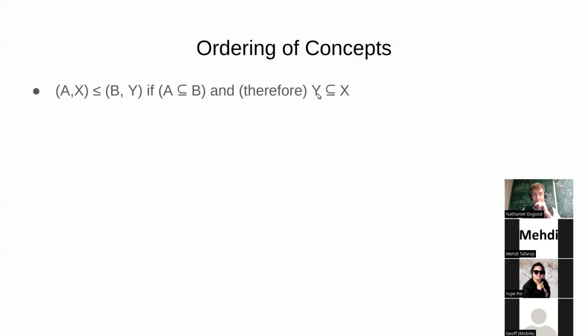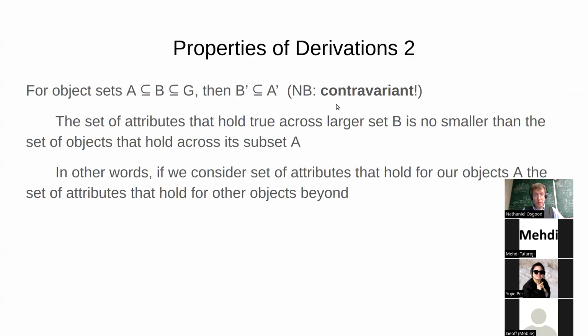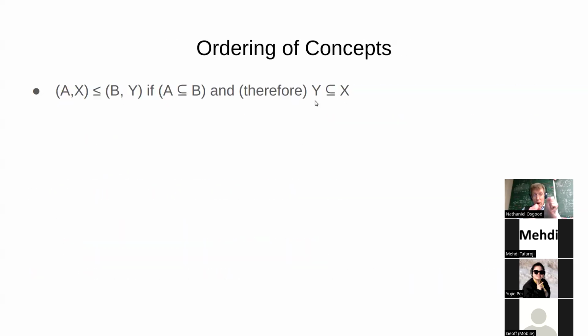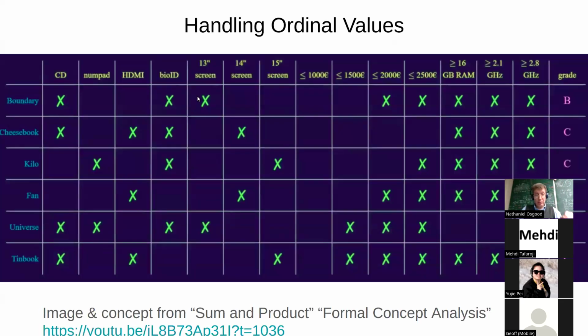And therefore, remember the contravariance, Y's attributes, because B could be a bigger thing, are going to be a subset of X's. They could be as big as X's, but they can't be any bigger because they're more constrained. They have a bigger number of objects they have to account for.